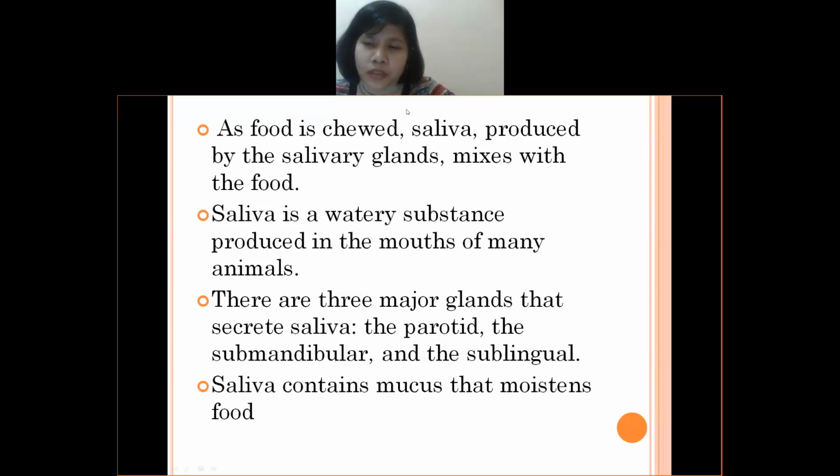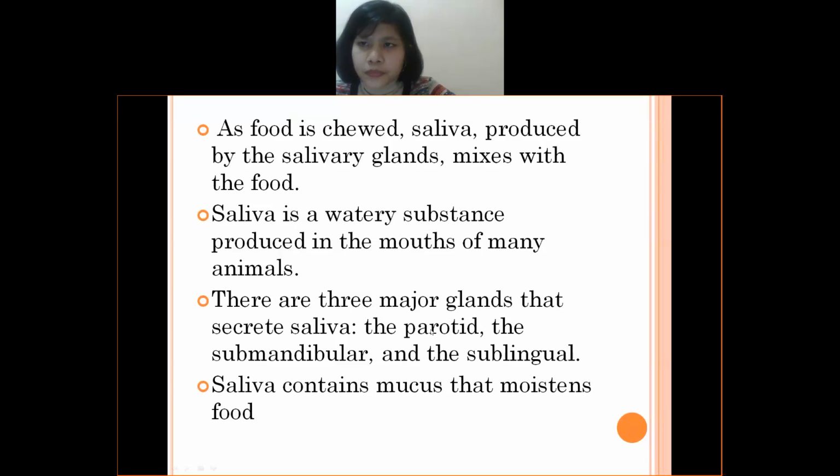So just say in this, as you chew the food, the saliva from the salivary glands mixes with the food. The saliva is a watery substance that makes the food moist.